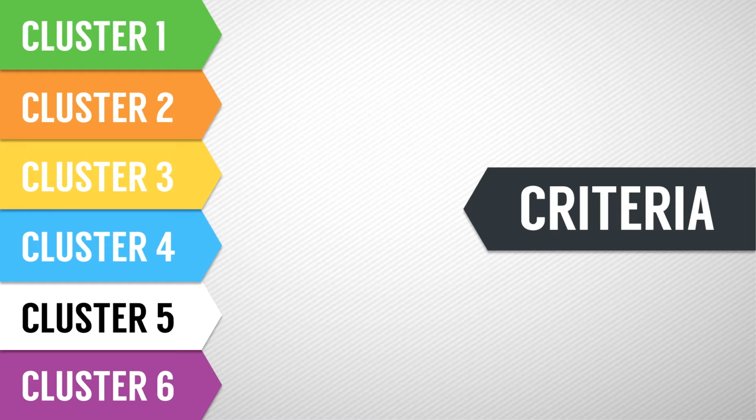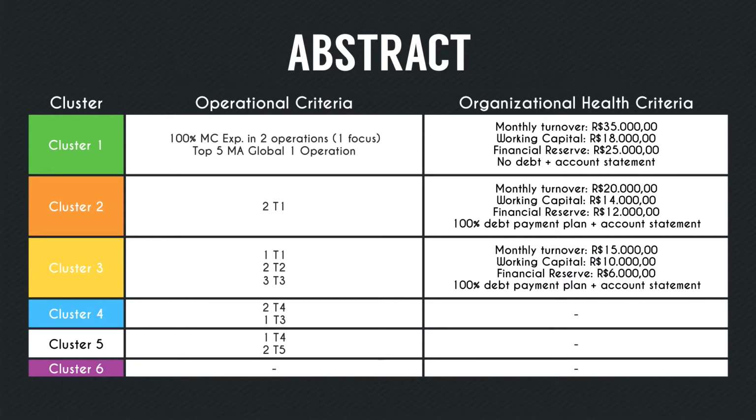And then, combining these tiers, we would build the cluster together with the finance criteria. Here is an abstract just for you to understand a little bit. For example, if you wanted to be in cluster 2, then you needed to have 2 operations in tier 1. Besides that, you needed to have a monthly turnover of 20,000 reais, working capital of 14,000 reais, and a financial reserve of 12,000 reais.